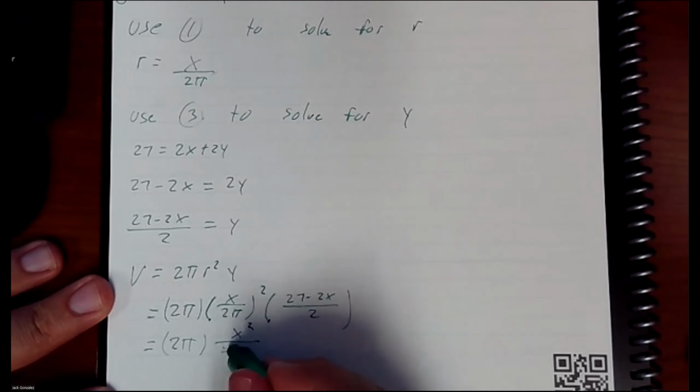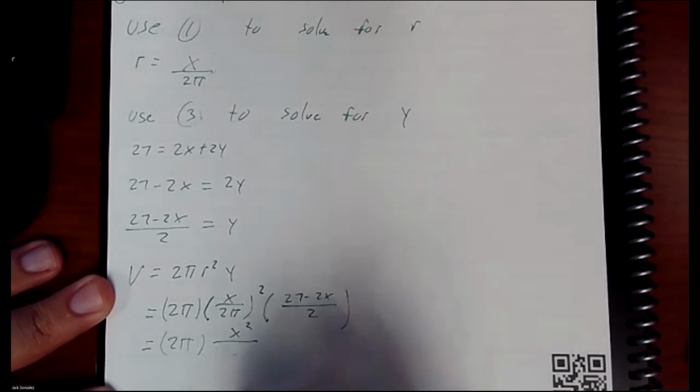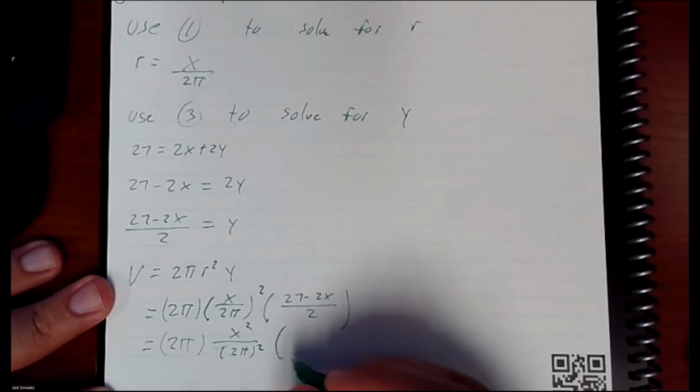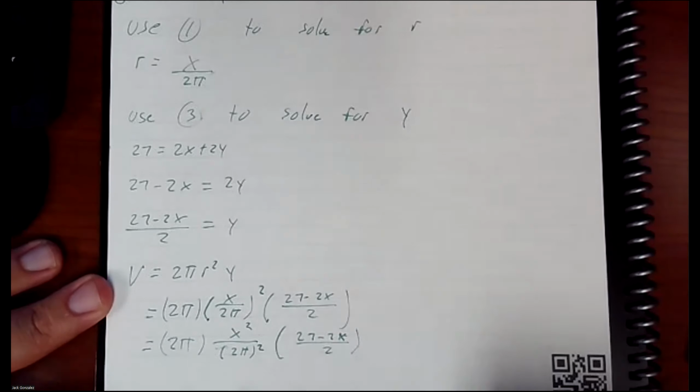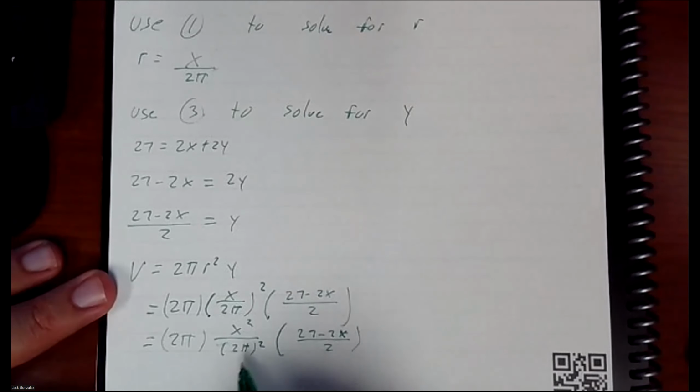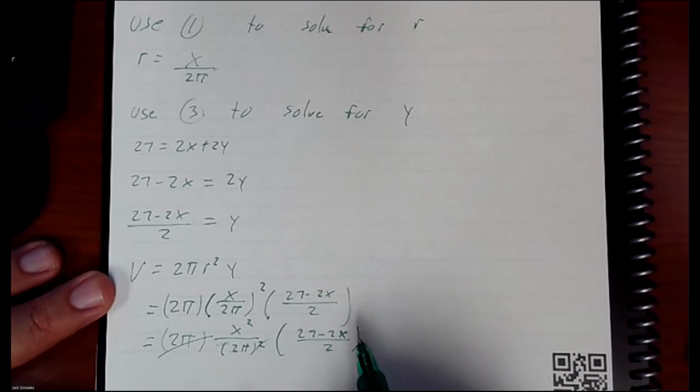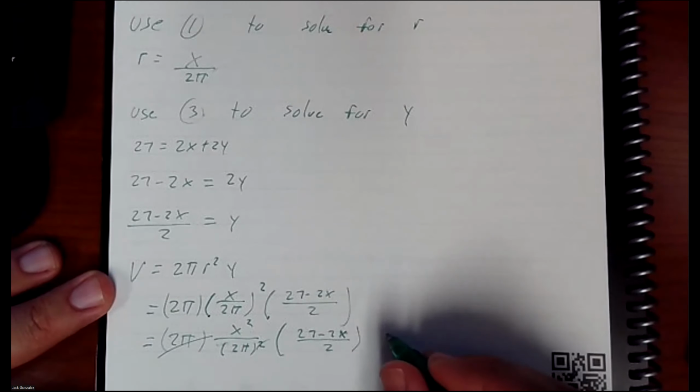Well, actually, we could divide it this way. 2 pi squared. Right? So one of these will cancel that. Which will get us to here.